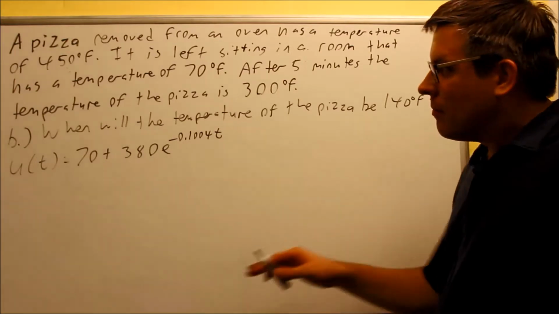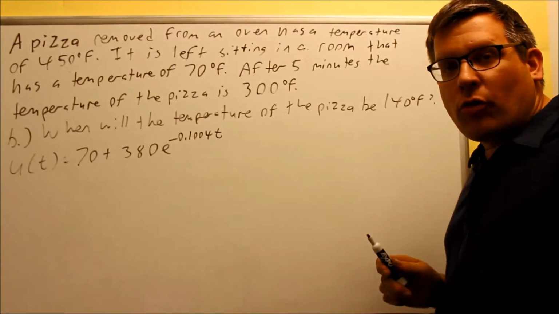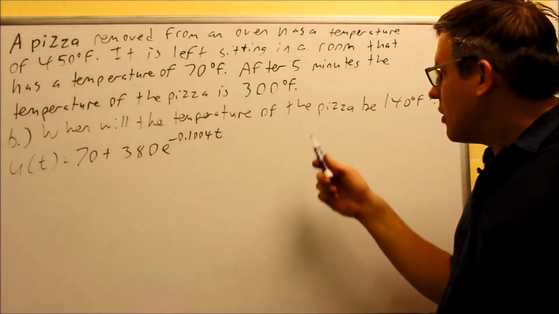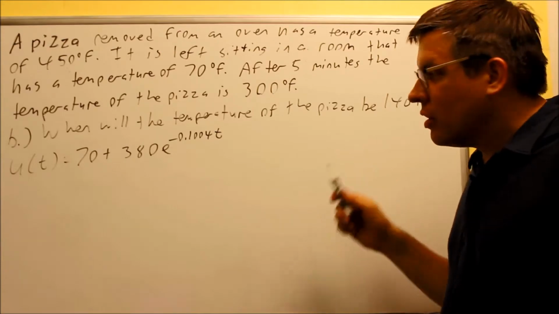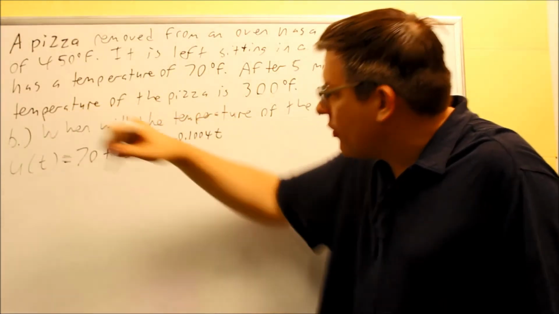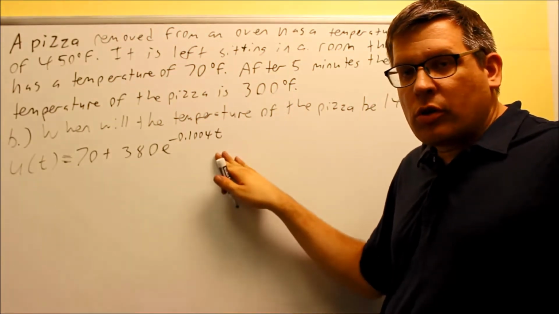Okay, part B. Part B says, when will the temperature of the pizza be 140 degrees? So we want to find out how long, or what time, it takes for it to cool down to 140. Here is our same formula that we used before in the previous example, the one that we derived.